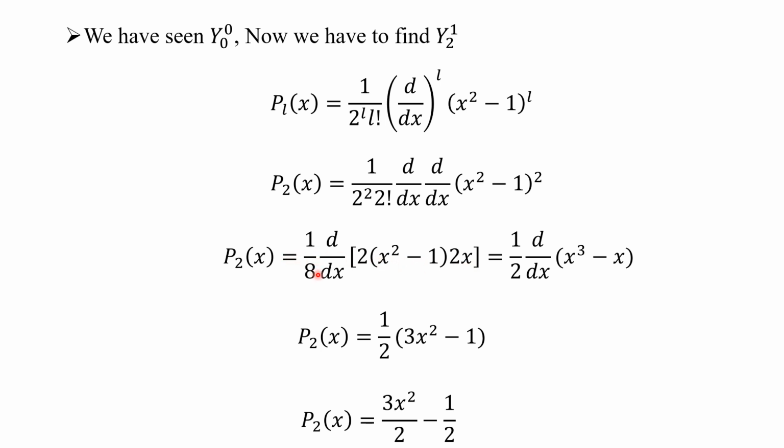So 4 divided by 8 becomes 1 over 2. Then you multiply this by x, so you get x cubed minus x. That's what we got here. Now you differentiate this x cubed minus x. You will get 3x squared minus 1, because the differentiation of x with respect to x is 1. So you can write this as 3x squared over 2 minus 1 over 2.